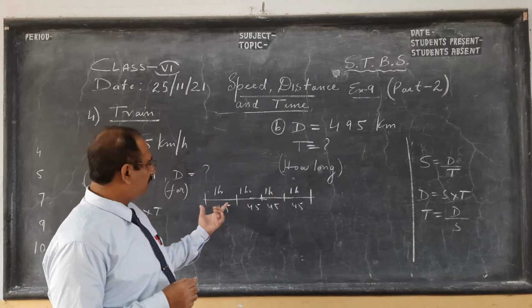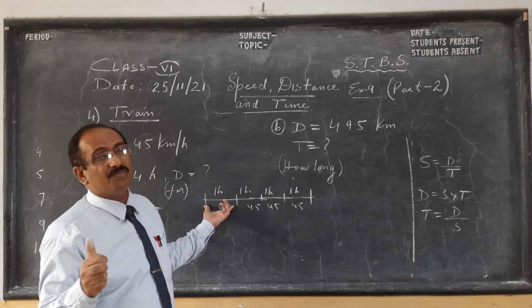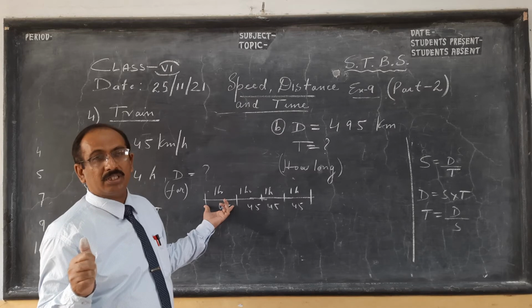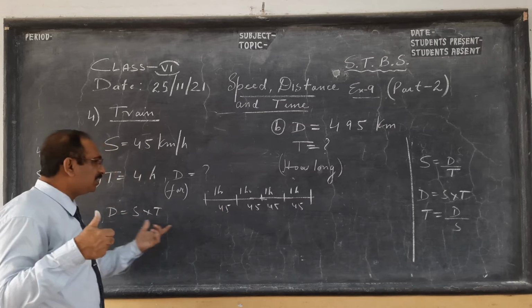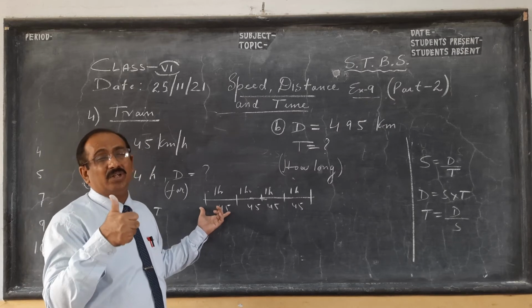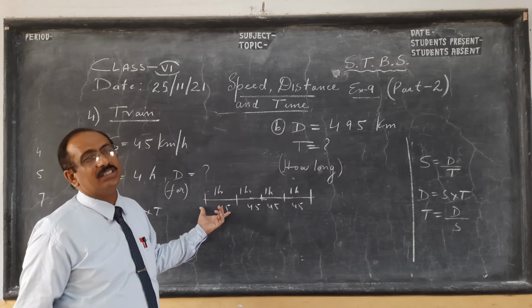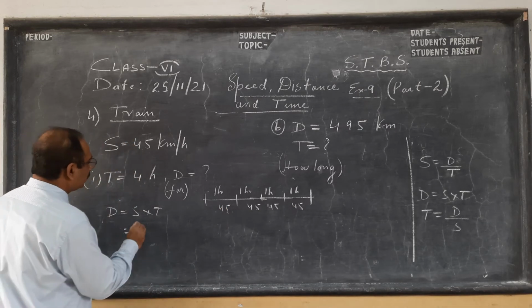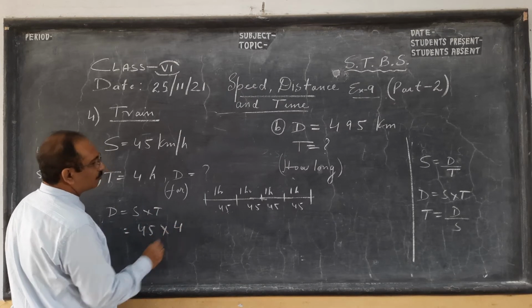So this is logical. See, once you come to the unitary method, which is very important, maybe you'll have to do it in class 7, class 6. I think the unitary method is not there. So same thing, if you know for 1. Speed is nothing but, children, the distance traveled in 1 unit of time, either 1 hour or 1 second. So once you know for 1 hour, you can know for any number of hours. So distance is speed, 45, and we see the train goes for 4 hours.